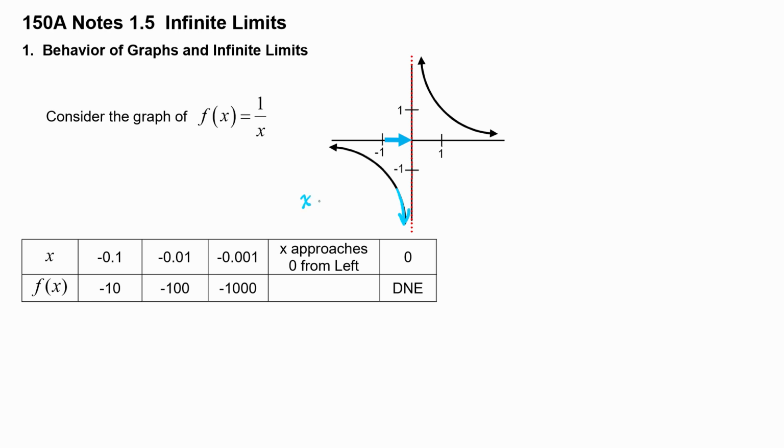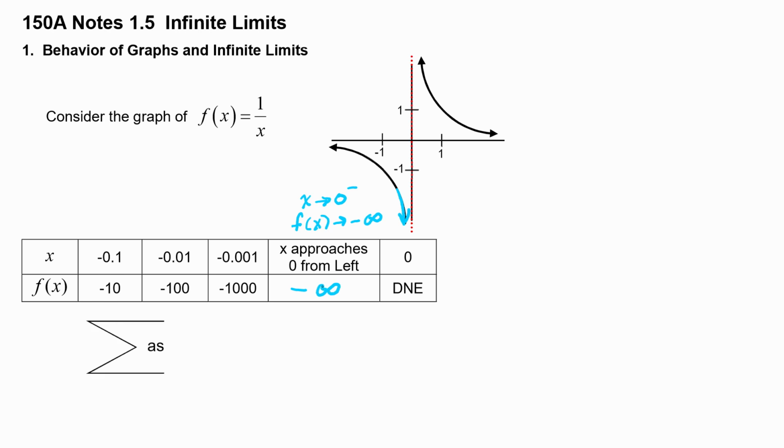So as x goes to 0 from the left, f of x goes to negative infinity. And we see that both by looking at the graph and by plugging in actual x values and finding the y values. So as x approaches 0 from the left, f of x is heading off to negative infinity.